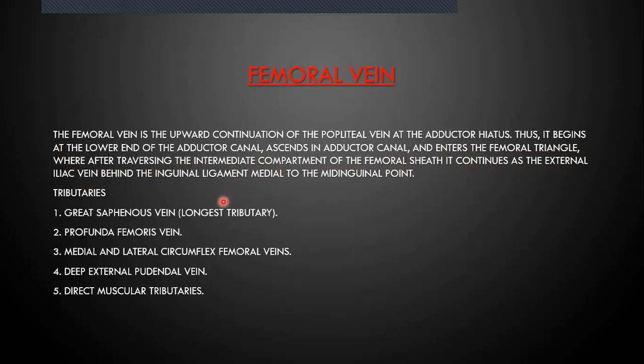Now, it has several tributaries, but one of the most important is the great saphenous vein. The profunda femoris vein drains into it, the medial and lateral circumflex femoral veins drain into it, as well as the deep external pudendal and direct muscular tributaries. So those are the tributaries of the femoral vein.